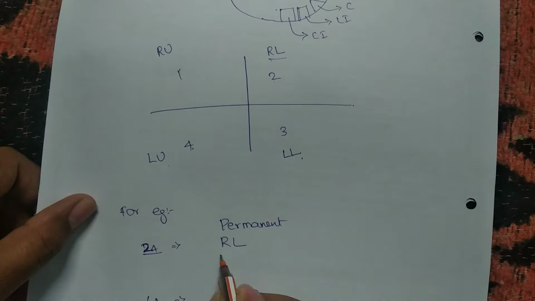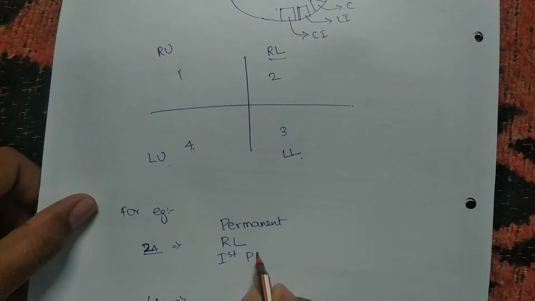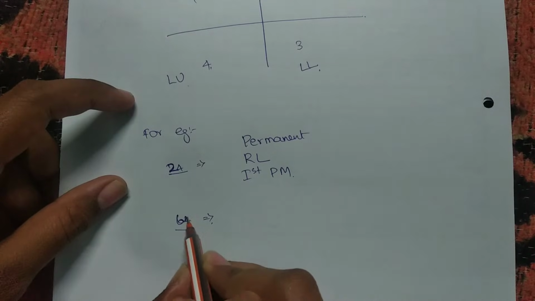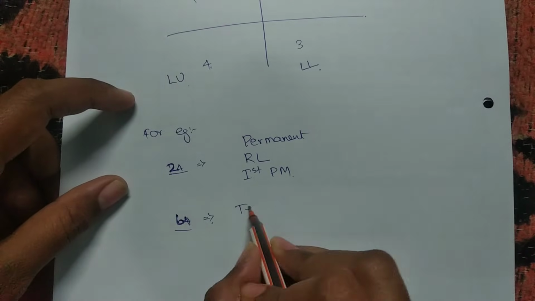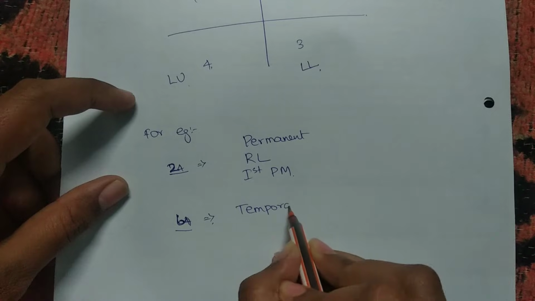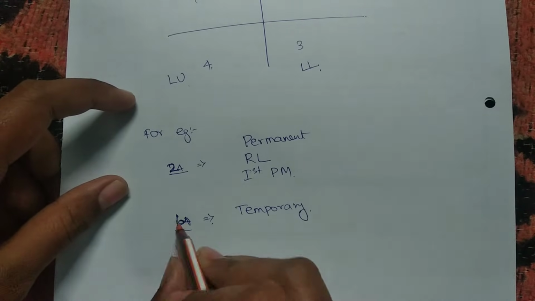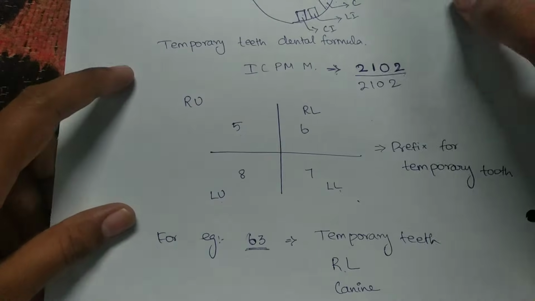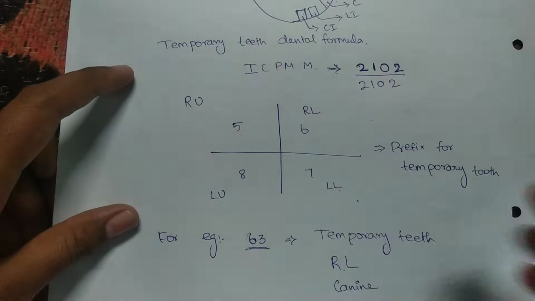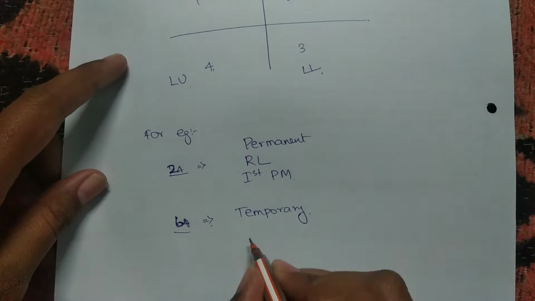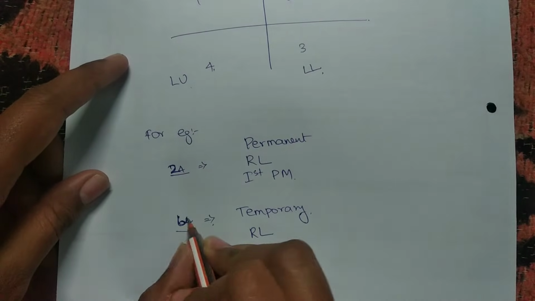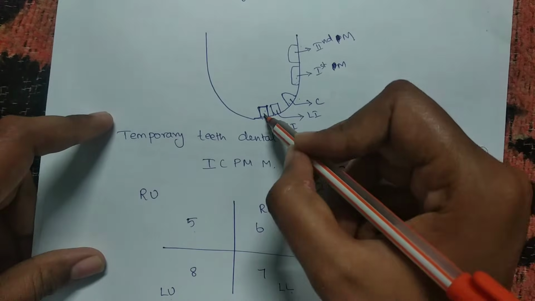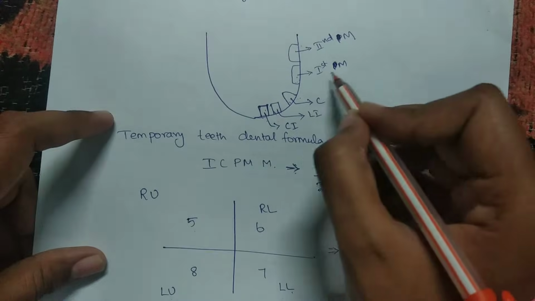Permanent right lower first premolar. But if you see this number, this is 6 and 4. 6 means it should be temporary. And 6 belongs to which quadrant? 6 belongs to right lower quadrant, so temporary right lower. 4 means which tooth? 4 means 1, 2, 3, 4, so first molar.